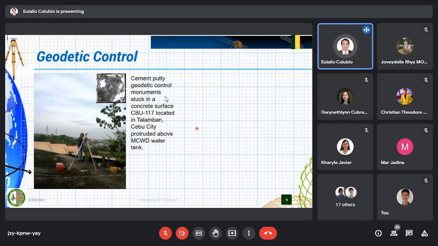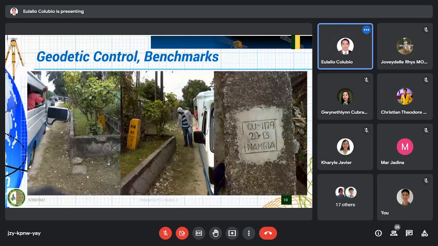Then we have another here. This is a benchmark. For the vertical geodetic control, the benchmark name should start with two letters, and then the numbers appended. How many digits the number has indicates the accuracy.